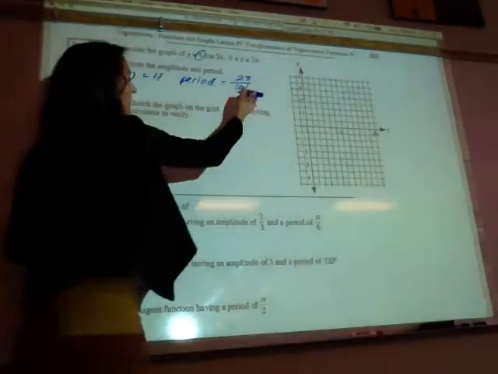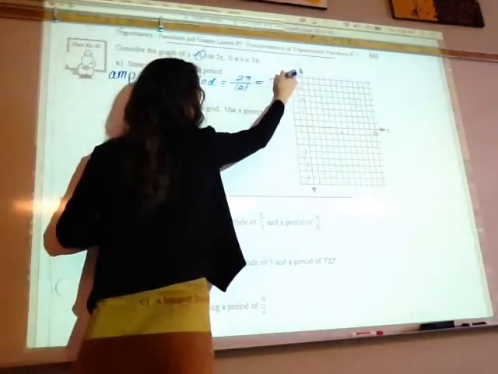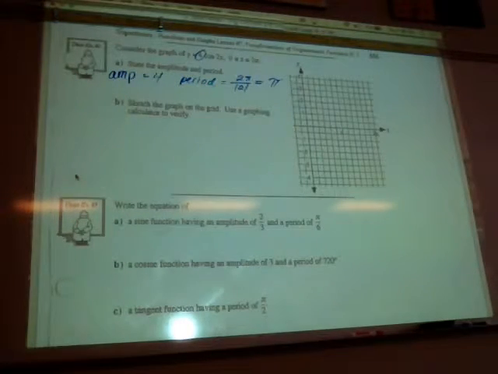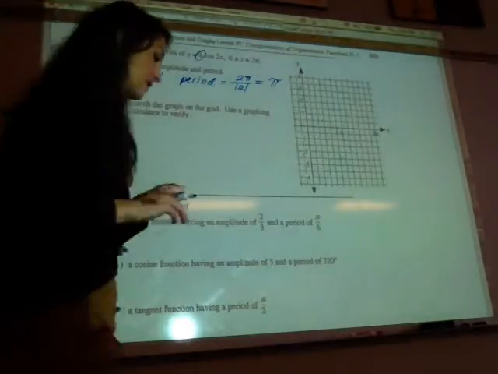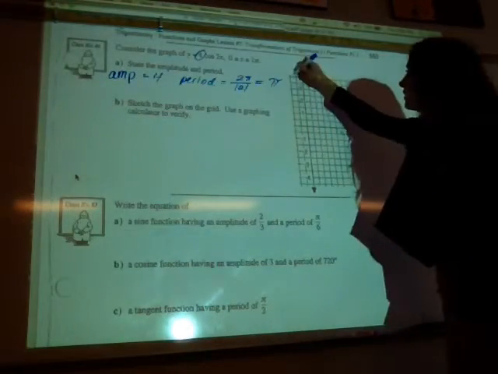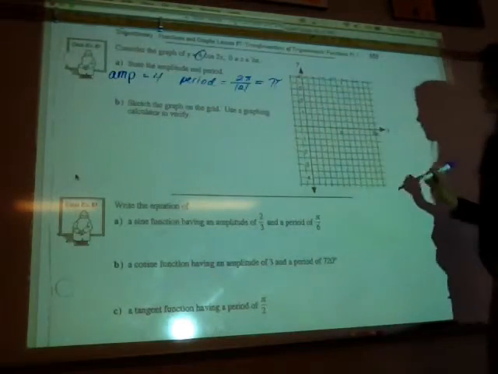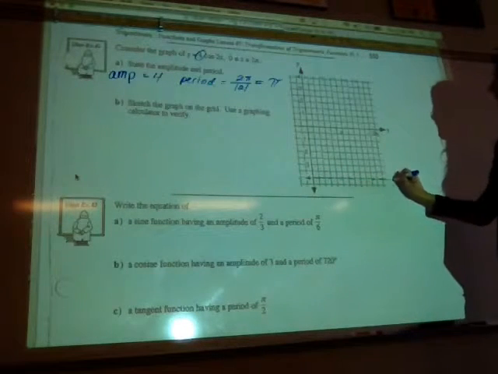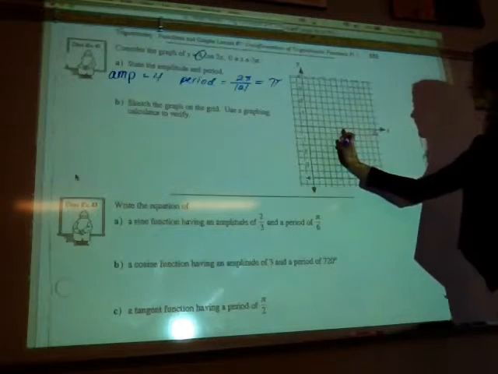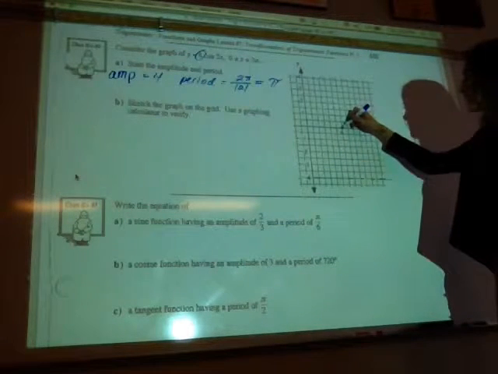When we divide that through, we're left with pi. So the period has been shrunk by a half. Let's just start. Our amplitude is now 4, so I'm going to block off 4 and negative 4. And instead of ending at 2 pi, we've now condensed, so we're ending at pi.